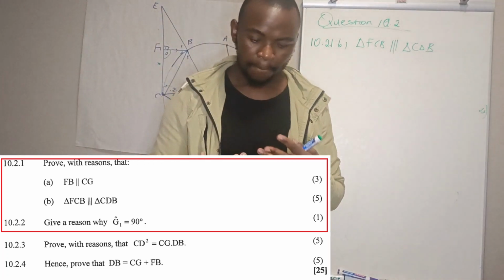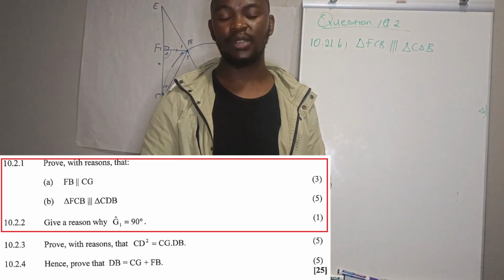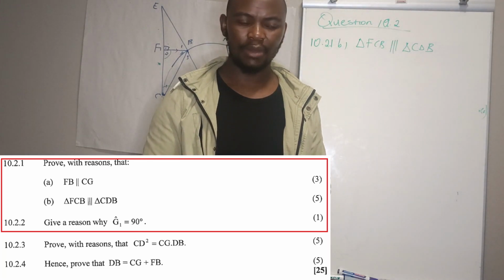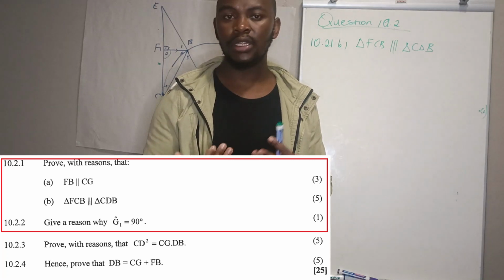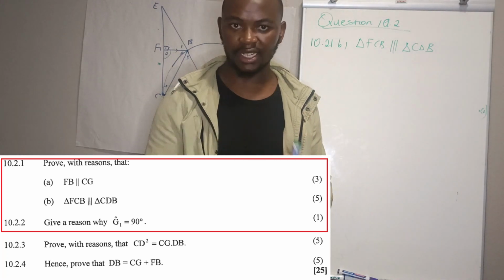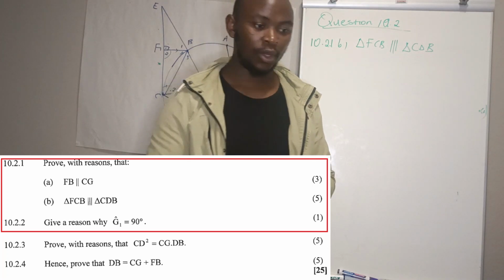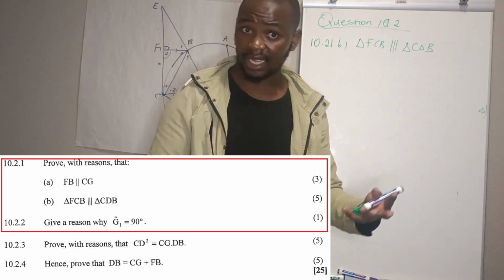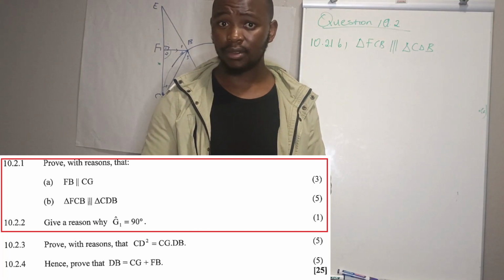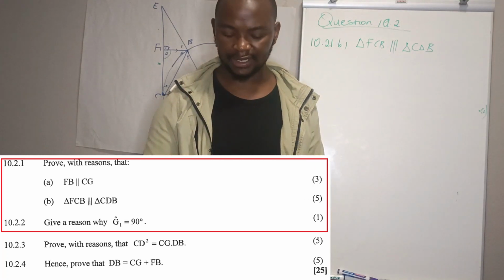So I don't like using the word cram, but do understand that to prove that triangles are similar, you can either go the angles route, or you can mix angles with sides, or you can consider all sides, so proportionality.